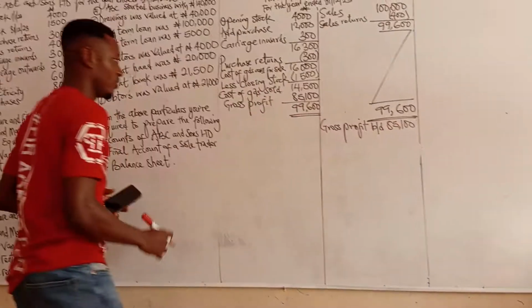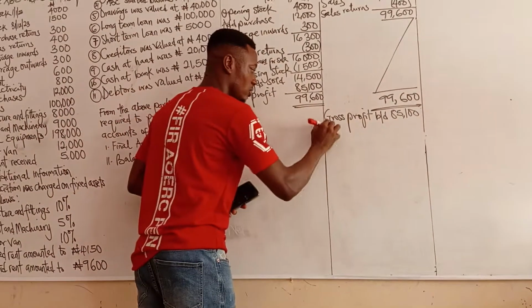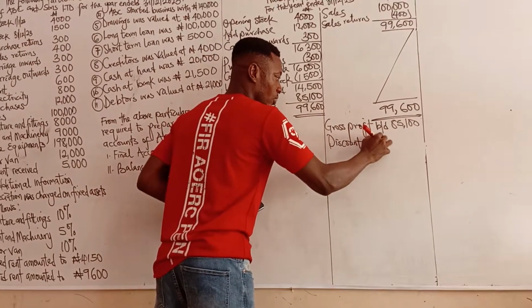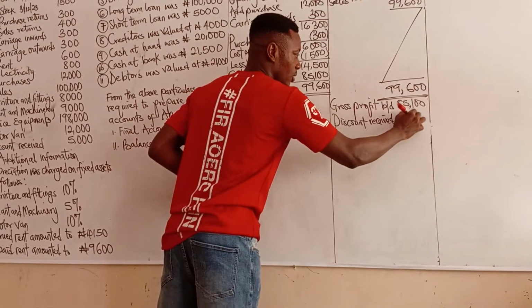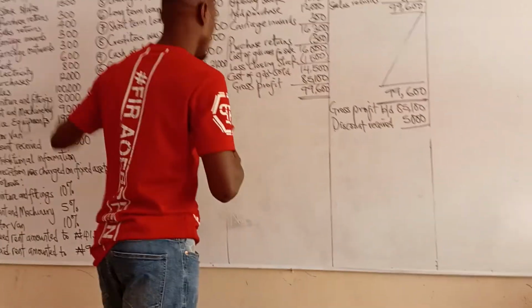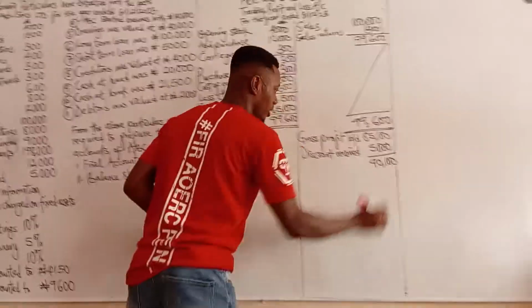Now, I'm going to check if I have any. Okay, I have discount received 5,000. This is the only income we have under this. So this will give me 90,100.